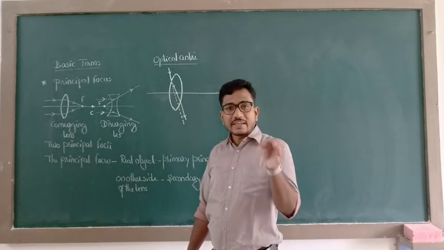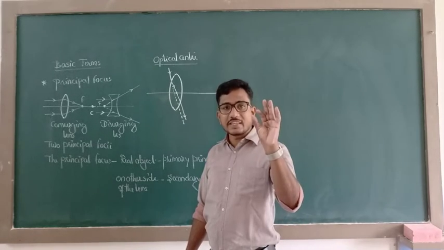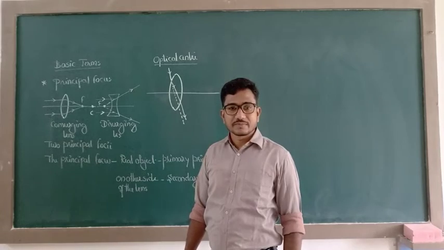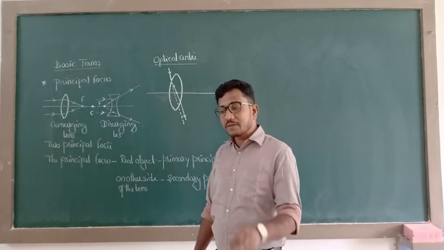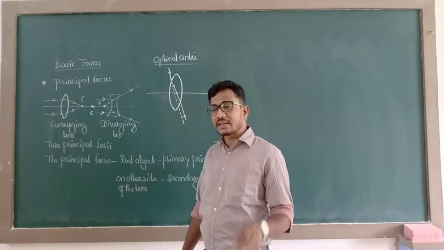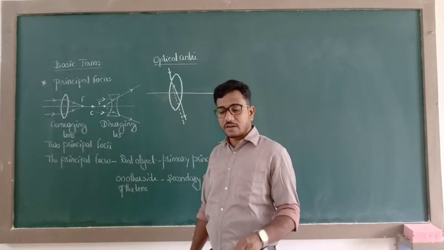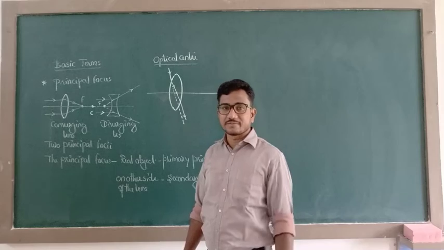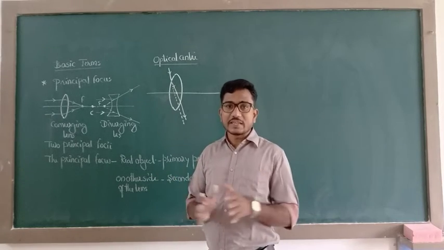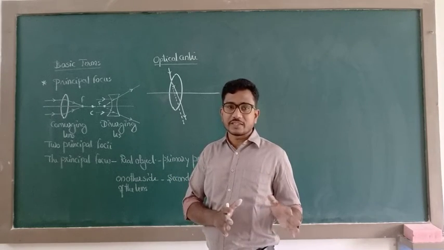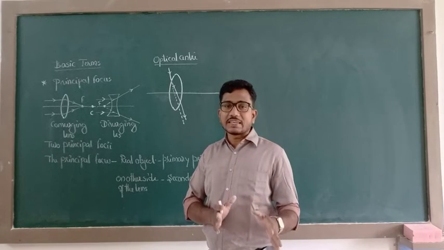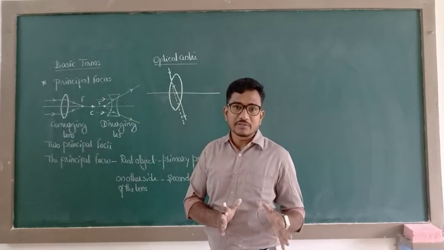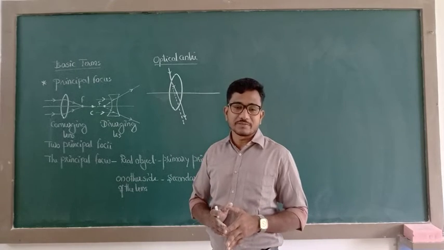Then that lens is known as a thin lens. In most cases, in upcoming derivations or concepts in lenses, we are always going to prefer thin lens. In order to avoid the mathematical steps, we prefer thin lens, because when the light ray is made to pass through a thin lens, it proceeds without any deviation.